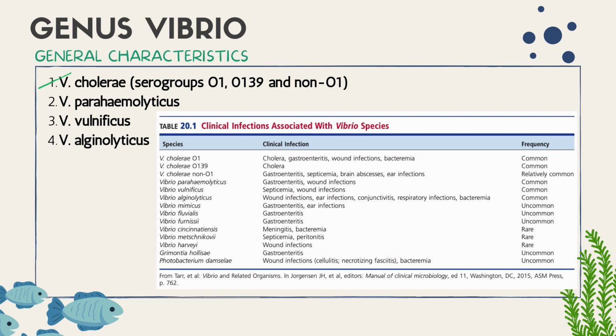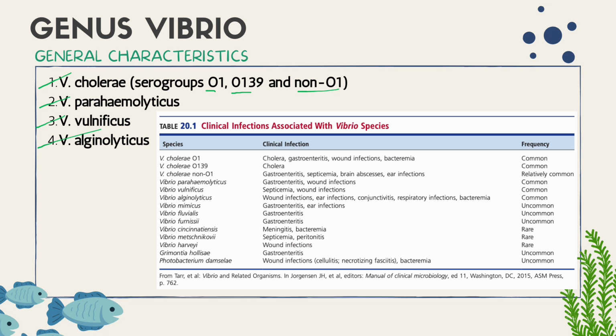So this is the one that causes cholera and usually is divided into a lot of serogroups and biotypes. So for serogroups, we have your serogroup O1, serogroup O139, and the non-O1 serogroup. So later on, we will be differentiating these 3 types of serogroups for Vibrio cholerae. Next, we have the Vibrio parahaemolyticus. Next, we have the Vibrio vulnificus and the Vibrio alginolyticus.